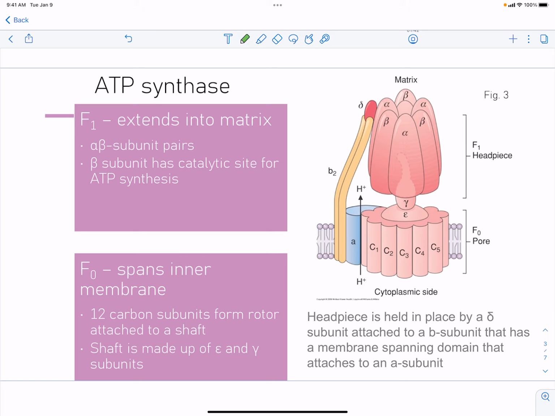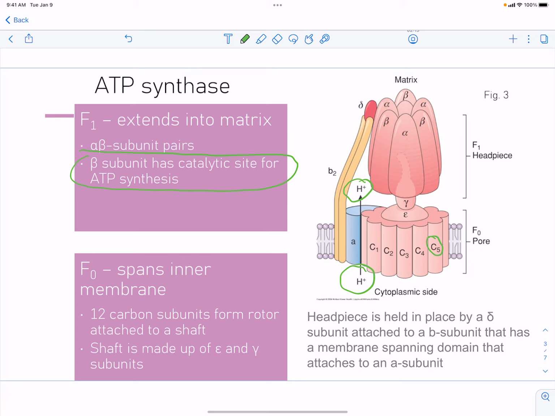And it's the beta subunit that actually forms the ATP, and the alpha subunit is there for structure. Now there's also the F0 portion, which is the portion that actually spans the membrane. And this is what's going to pick up hydrogens. The hydrogens are going to be picked up in the inner membrane space, and they're going to be released in the matrix.